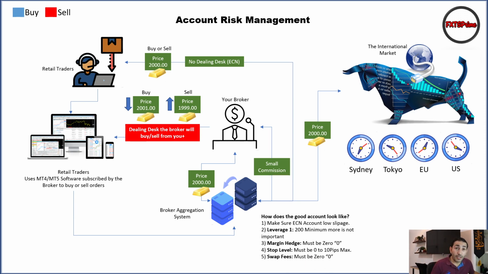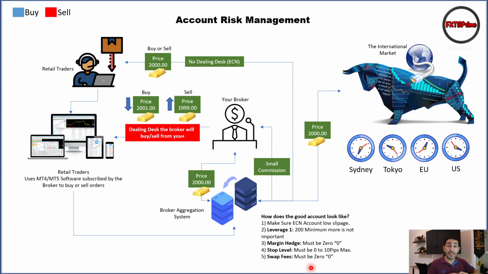So last thing, make sure your swap fees is zero. If your account is having swap fees, you can contact your broker and tell him, I don't want an account with a swap. Okay, the ECN account, the account which I'm doing, having all those things, the leverage is from 1 to 400, the hedge margin is zero, and the stop level is 10 maximum, and the swap is a free swap.